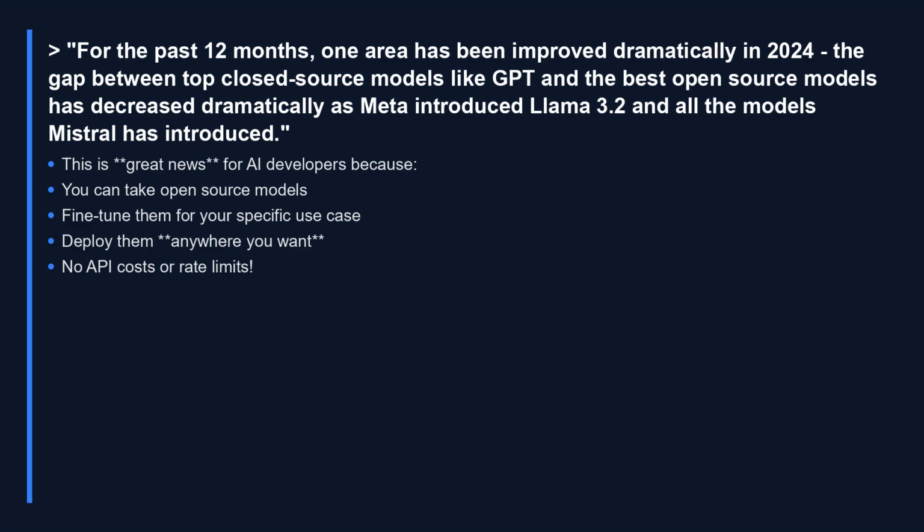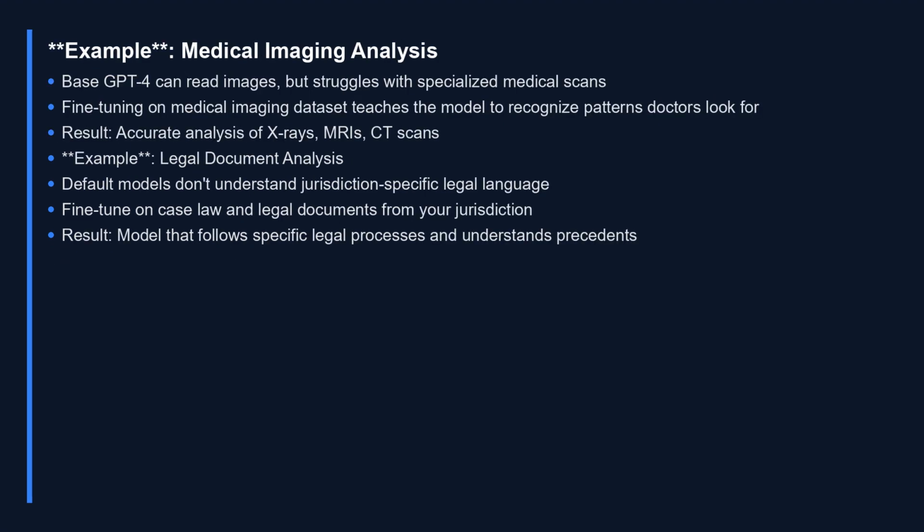It is now. Two examples show how domain expertise fine-tuning works in practice. A hospital needs AI assistance with medical imaging. Base GPT-4 can read images, but it wasn't trained to recognize the subtle patterns a radiologist looks for in an MRI or CT scan. Fine-tune on a curated medical imaging dataset, and the model learns to identify those patterns with diagnostic accuracy.